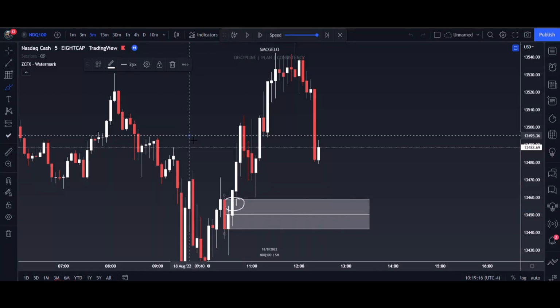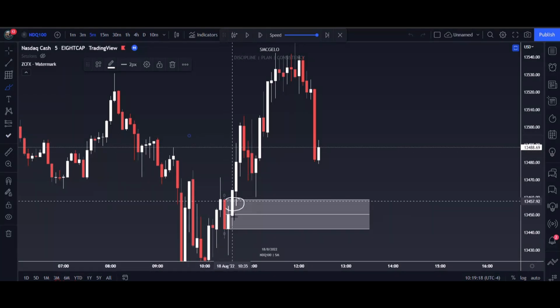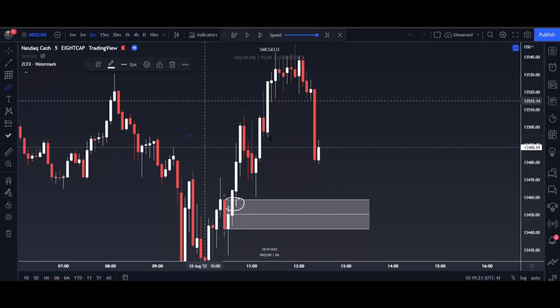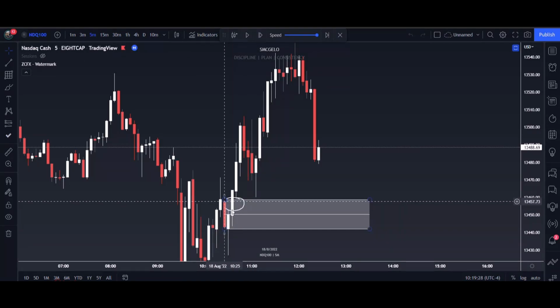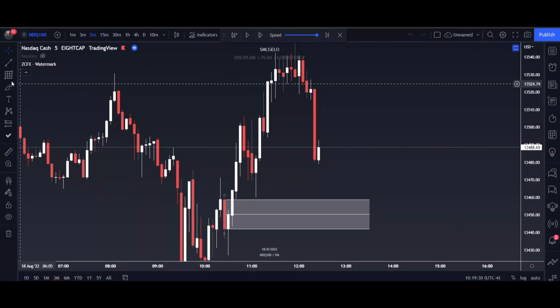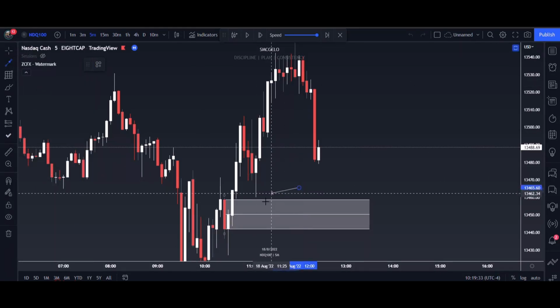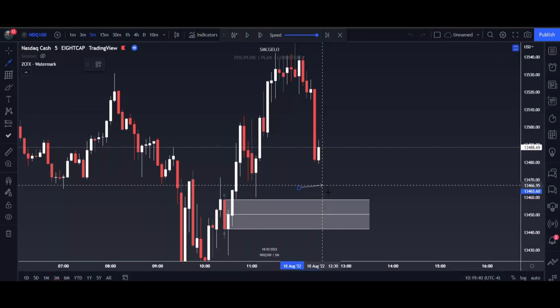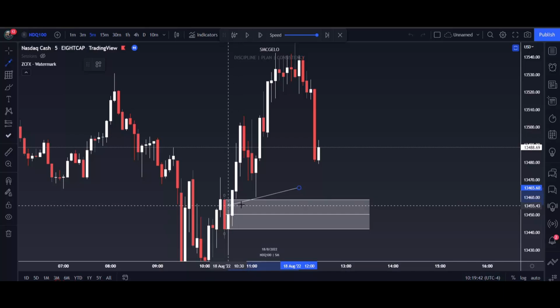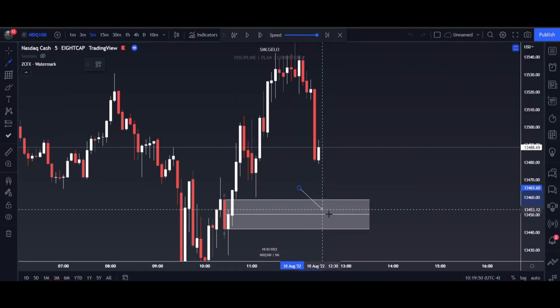If price was like this, it would have been efficient, with no gap. But since price didn't do that, price left a gap in the middle of these two wicks. Again, my arrows right here and right here, it left this gap. So price needed to come back down to fulfill this inefficiency, this imbalance, this fair value gap, whatever you want to call it, to come into our demand zone to continue up.